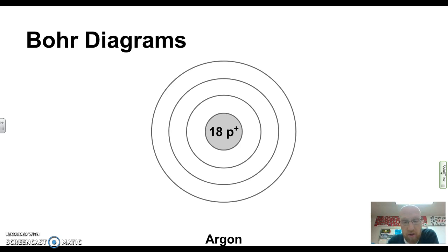And the way that we're going to draw the electrons is by going across from one side to the other, then top, bottom. So I go from the right to the left, then the top, then the bottom. Right, left, top, bottom. Right, left, top, bottom.